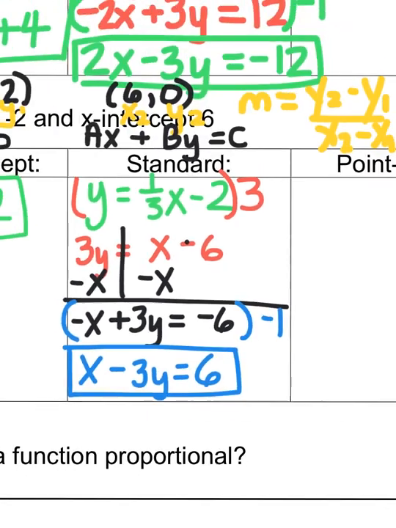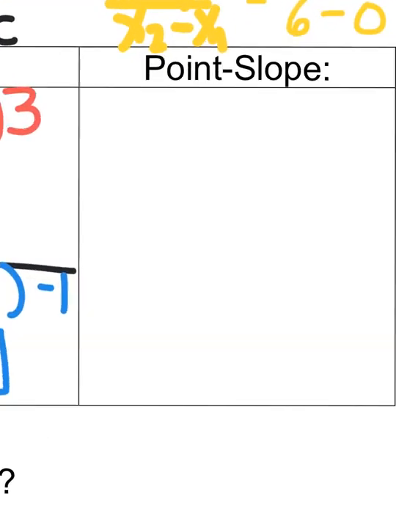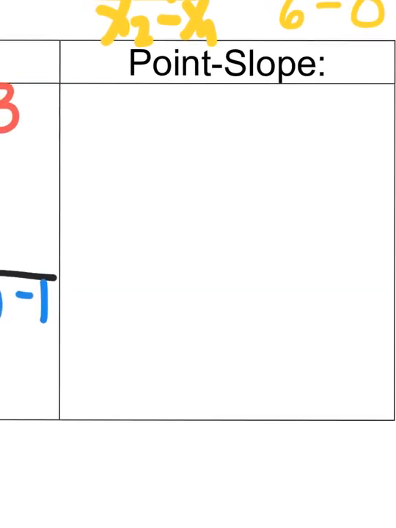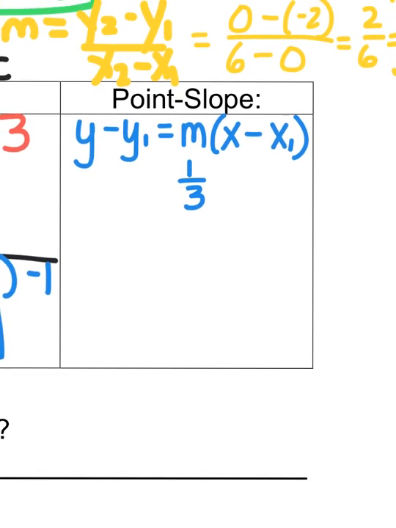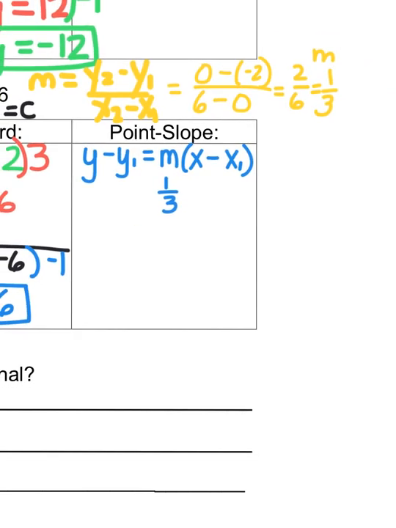Lastly, we have our point-slope form. Now, you can see we could have done these in any order once we have gotten our slope. So you could have come over here to your point-slope form. Let's remind ourselves what that looks like. So we have our slope. Our slope is 1/3. But what point do we want to use? It really doesn't matter.